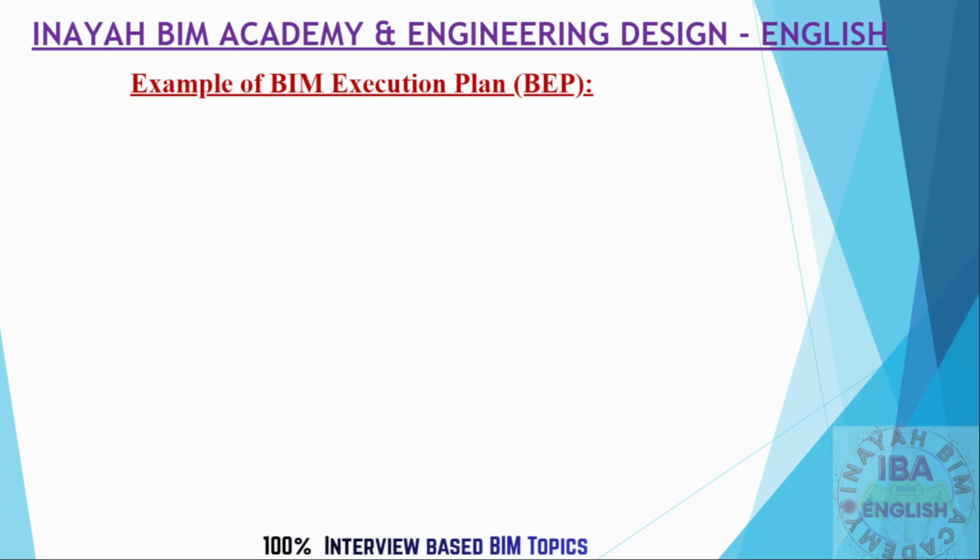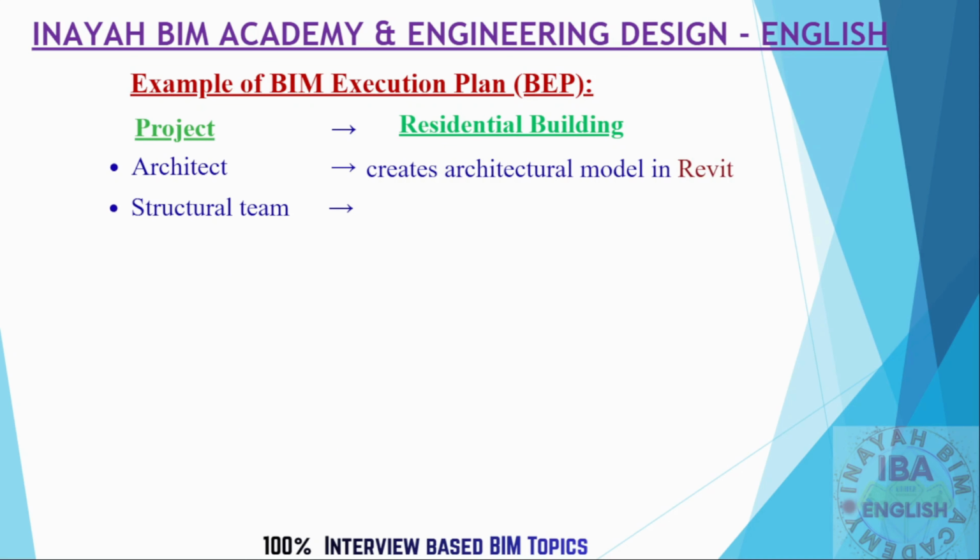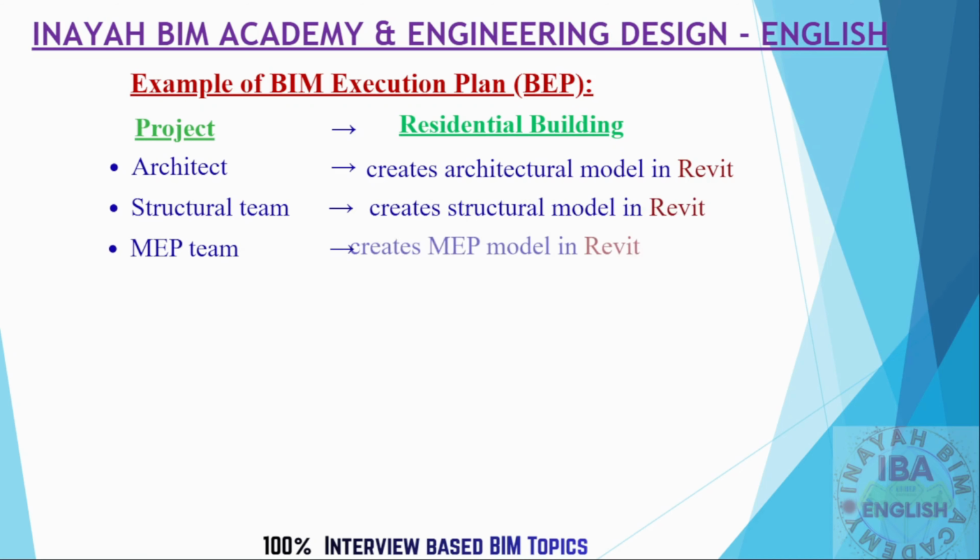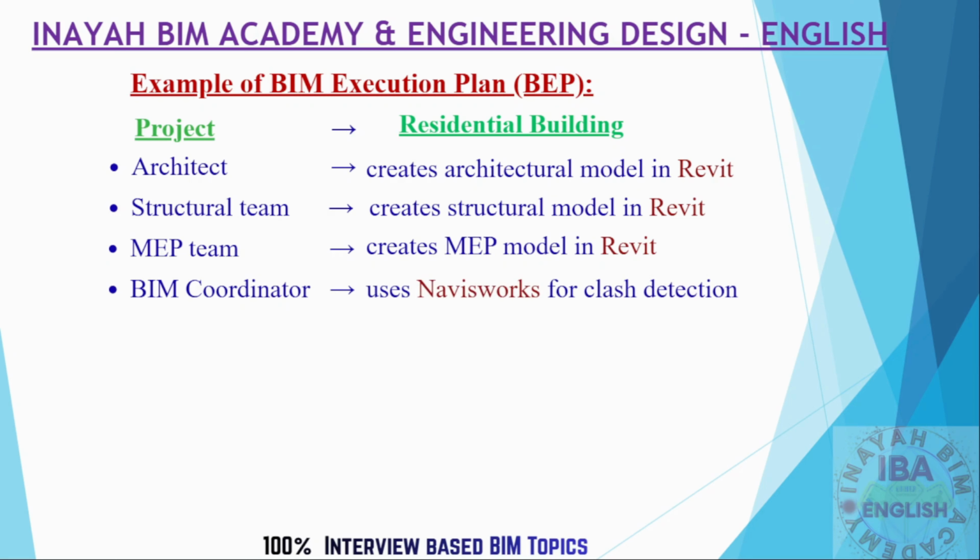We can understand the BIM execution plan with a simple example. Say you are working on a residential building project. The architecture, structural, and MEP teams are instructed, or the initial documentation itself mentions, that they have to use Autodesk Revit to create their architecture, structure, and MEP models. Once it is done, the BIM coordination team will use Navisworks for clash coordination and clash detection.